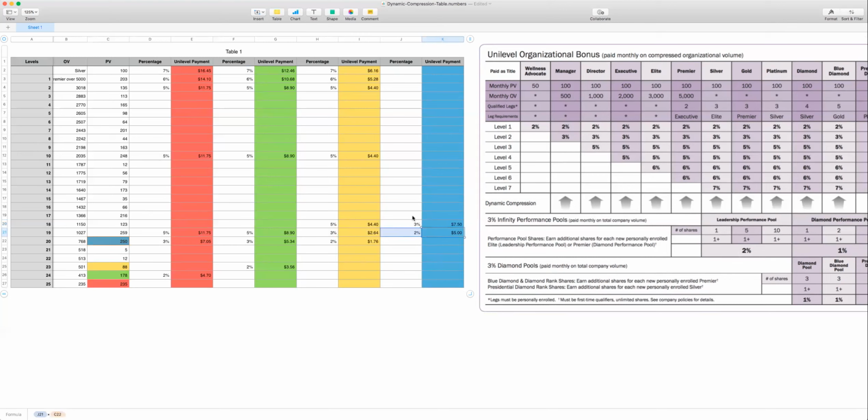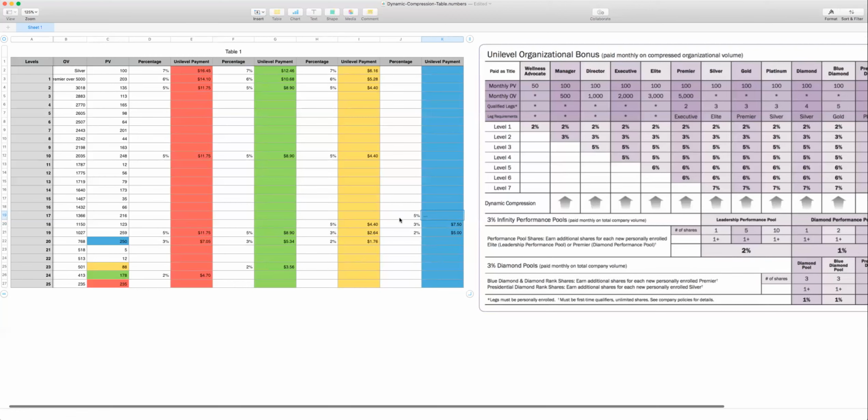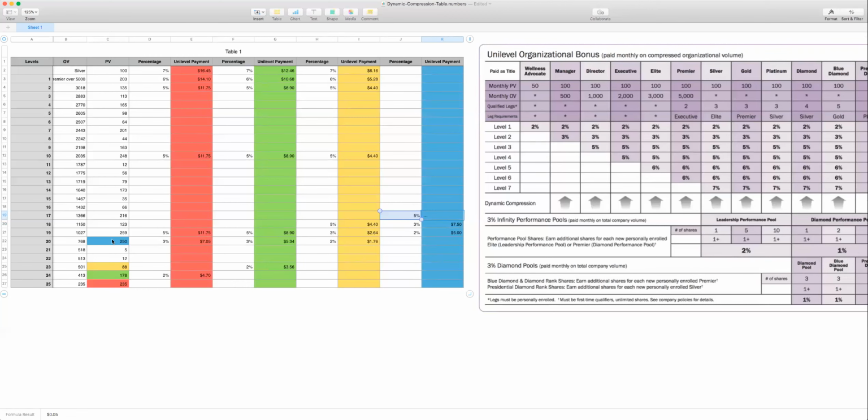And then the next one we're looking for a level 3 payment, which is 5%, and it has to go to a director, which this person meets. All right, so 1, 2, 3. So level 4, we're looking for an executive. So again, we're going to skip all these people and go up to the executive again.